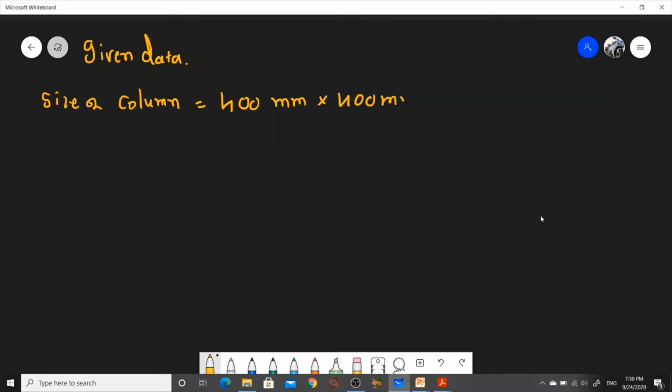The first given data is the size of the column, which is 400 mm by 400 mm.